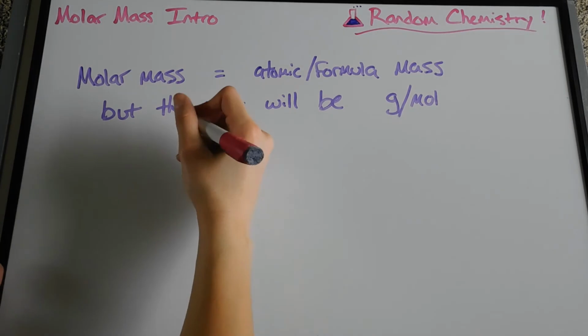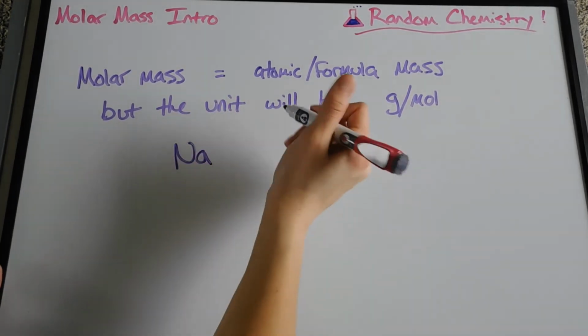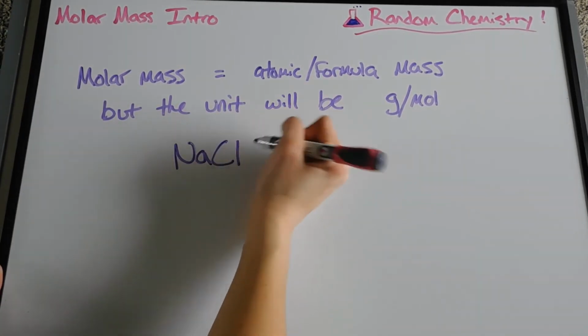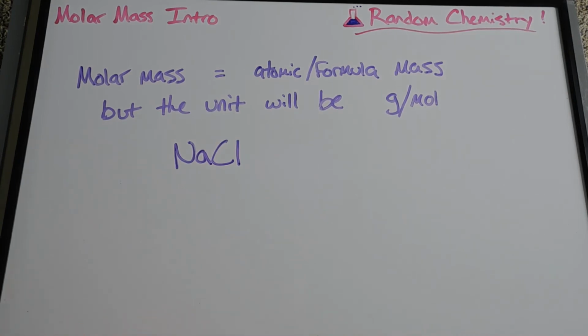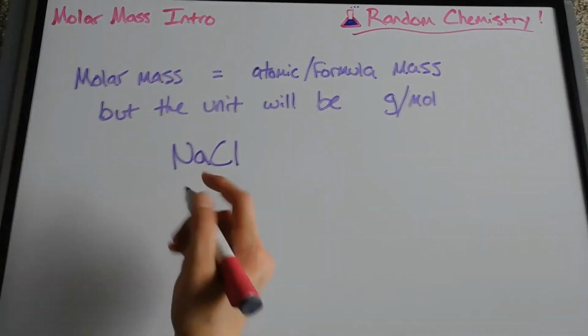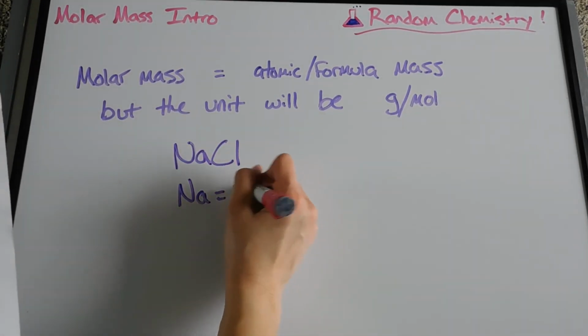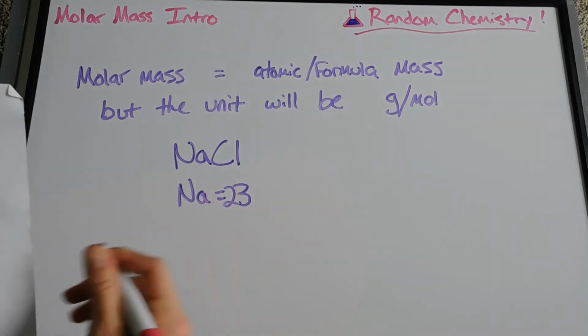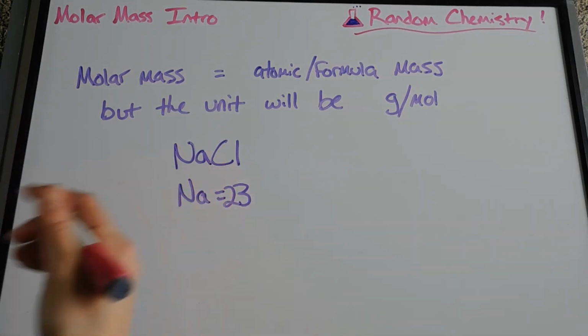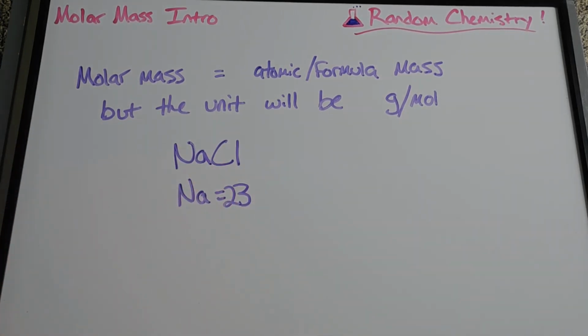Alright, so let's find the molar mass of another formula. This time we'll do sodium chloride, NaCl. So this is going to be the same thing. We're going to look at our periodic table and we need to find the atomic mass of sodium. So the atomic mass of sodium is 23. And we also need to find the atomic mass of chlorine.